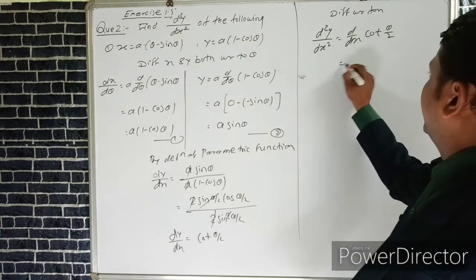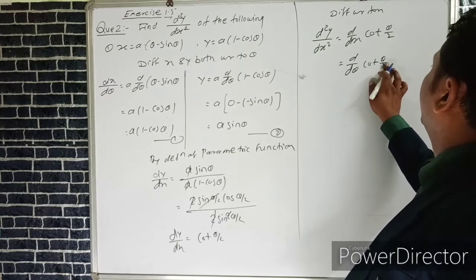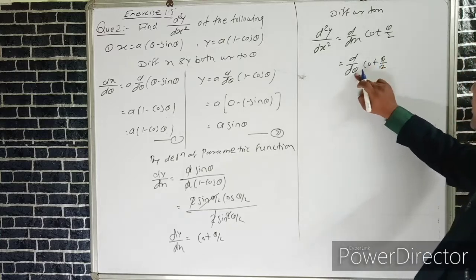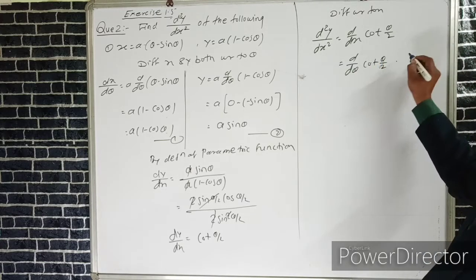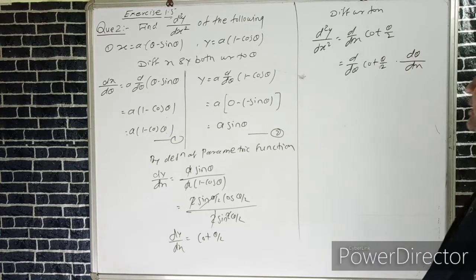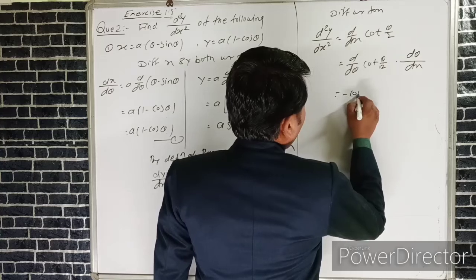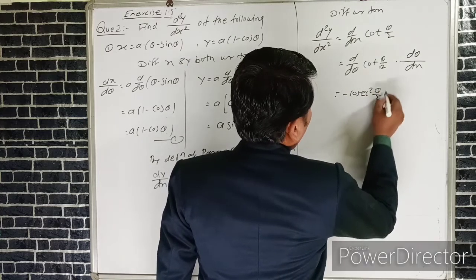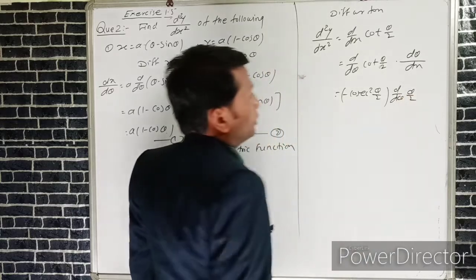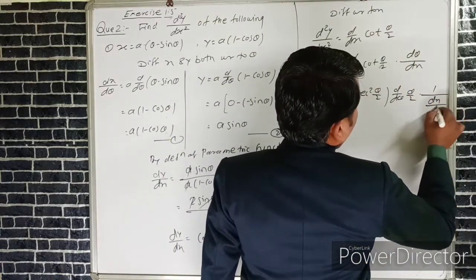So we write d upon d theta into cot of theta by 2, and then we take the derivative of cot of theta by 2. Adjusting d theta, we write d theta in the numerator and dx by d theta as it is. The derivative of cot theta by 2 is minus cosec square theta by 2 into again the derivative of theta by 2. So we can write d theta upon dx, which is 1 upon dx by d theta.